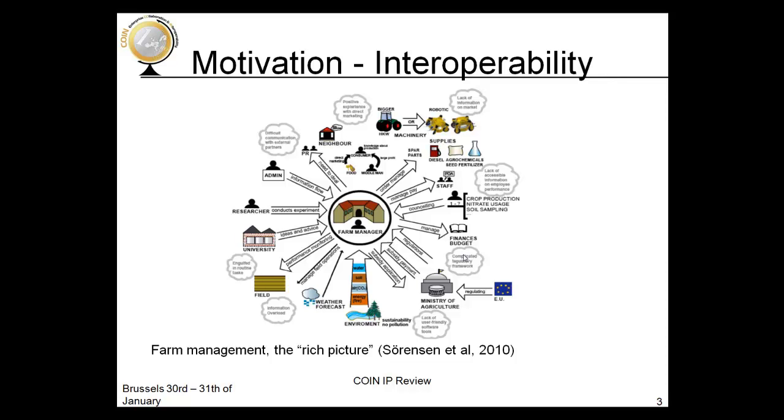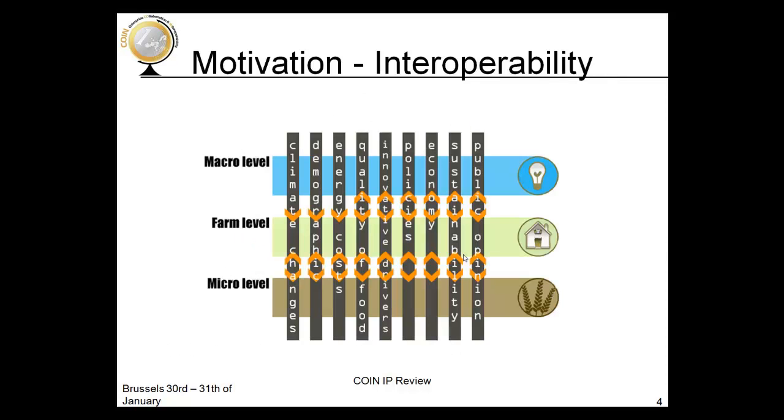Of course, information comes not only from different organizations, but could also come from the environment, about weather, for example rain, but also some information from other farmers. On the farm level, information flow is very important for any decision.